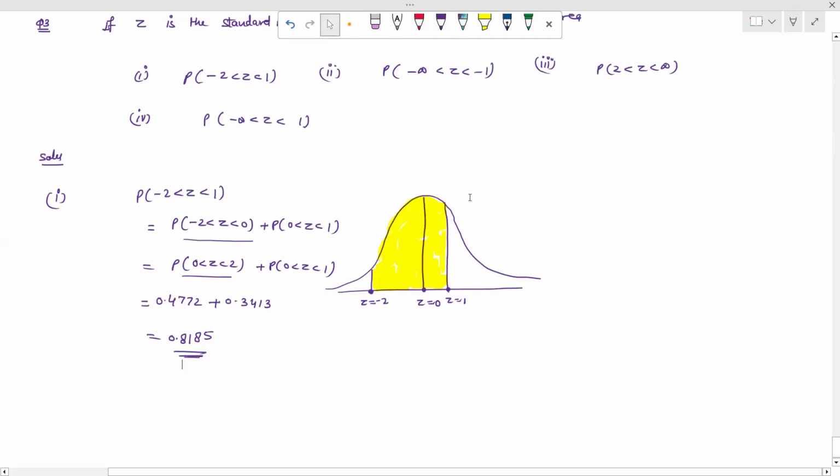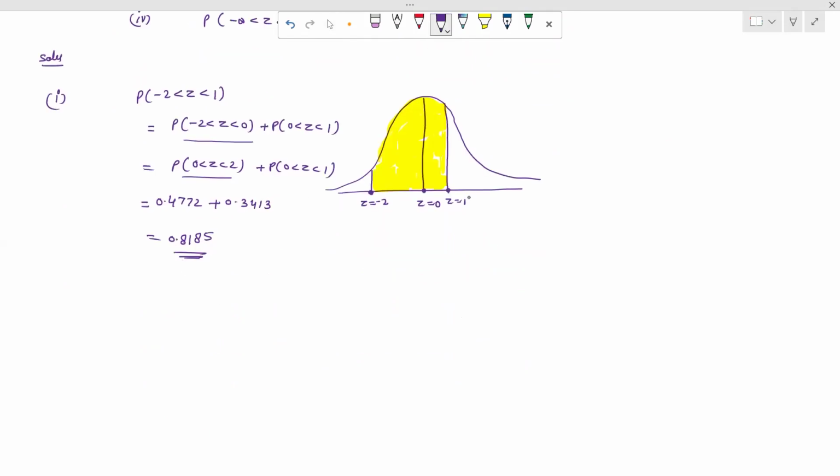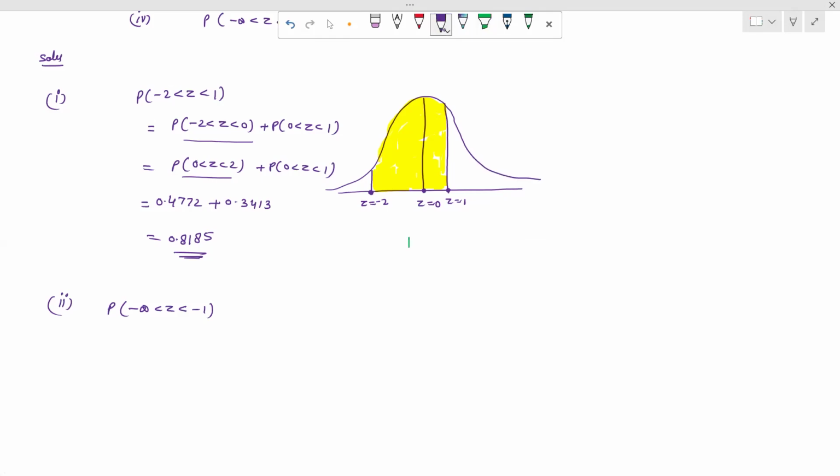Now, similarly, we do the second part, minus infinity to minus 1. We are going to calculate the probability from minus infinity to minus 1. So again, we draw the graph.